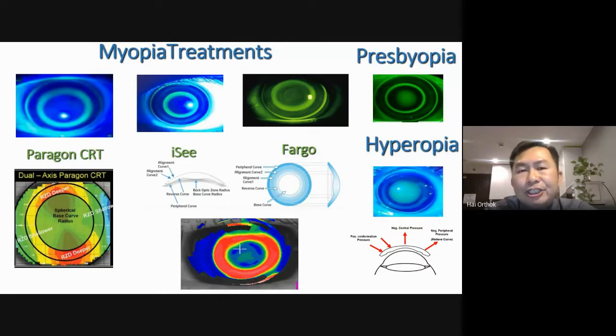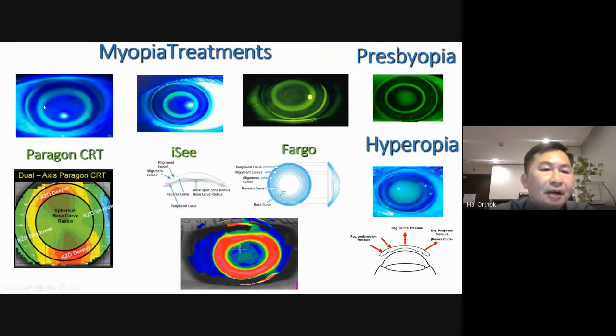Well, in this section we will show you the difference between the fluorescein patterns. Looking into the fluorescein pattern, you can see the different structures of the lenses, and it's very interesting for you to see this structure and choose the best lens for your practice. For example, you can see the Fargo lens here, very simple. You see the IC lens here with tear distributed very evenly all over the lens, and it's safe for high myopia treatment.